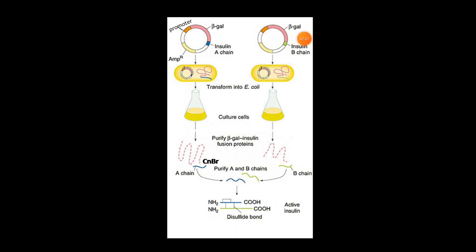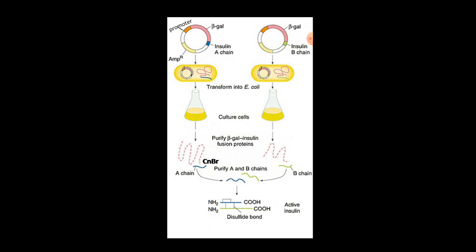Not only that, we can isolate the gene from tissue, and after isolation of the gene we can use PCR amplification to increase their number. We can also use a chemical synthesis method to synthesize the gene chemically, and that is the most preferable one.